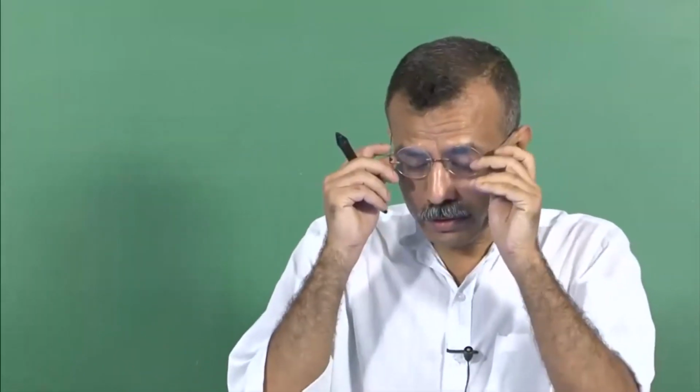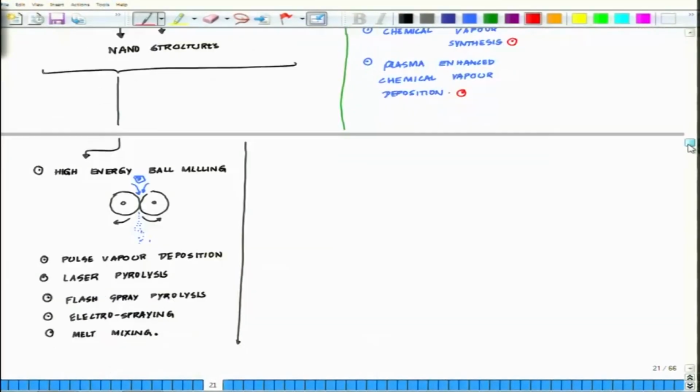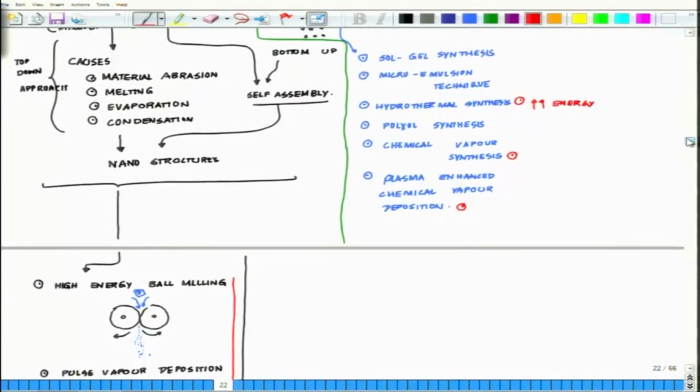And if you look at these methods, the last two, chemical vapor synthesis and plasma enhanced chemical vapor deposition, even hydrothermal synthesis, all these techniques require fairly high energy. These are energy intensive, just like your physical methods where you need a significant amount of energy. Here we are talking about high energy intensive processes.